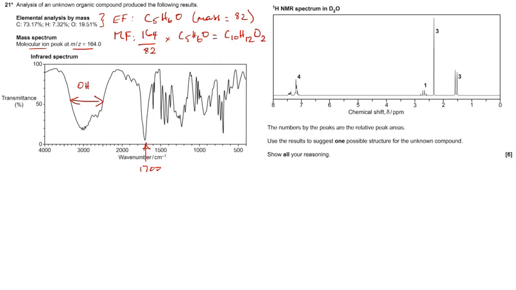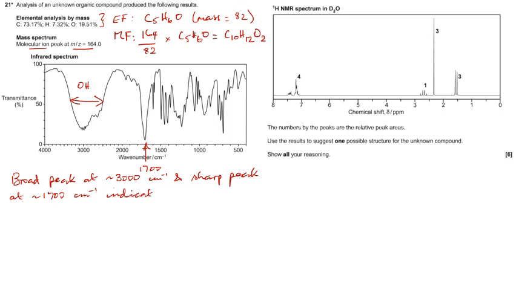So we could write: broad peak at about 3000 and sharp peak at about 1700 indicate carboxylic acid.